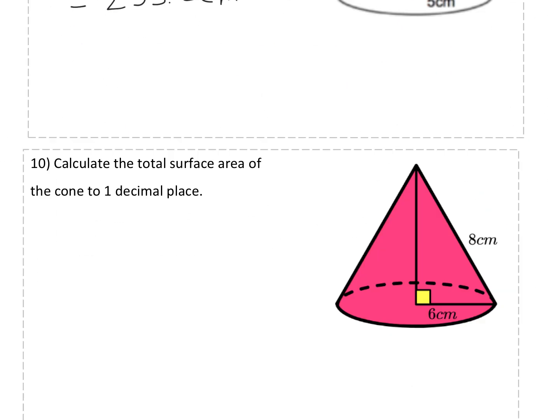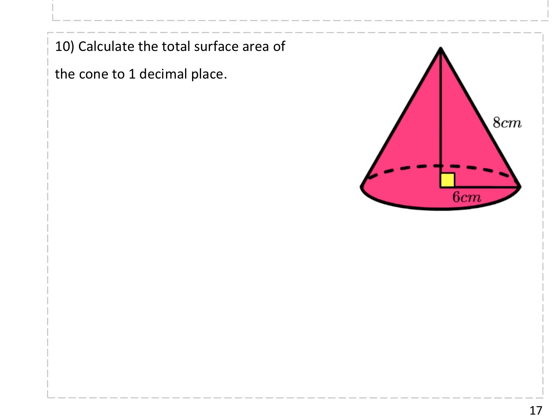So when we're finding the total surface area of the cone, if I write TSA for total surface area, we've got the formula that they give us, which is pi r L for the curved surface area, and then the area of the circle at the bottom, which has an area of pi r squared.